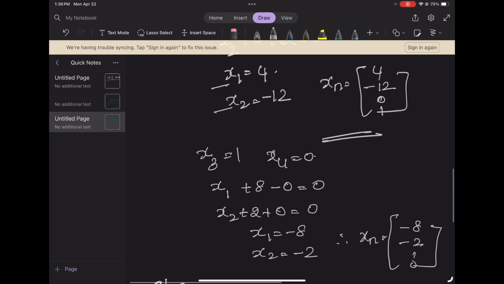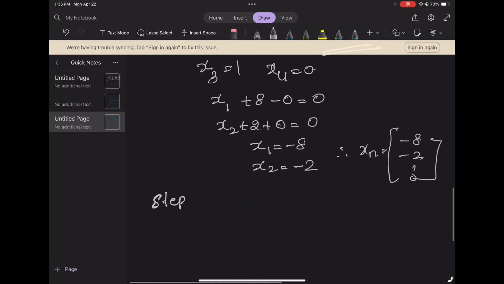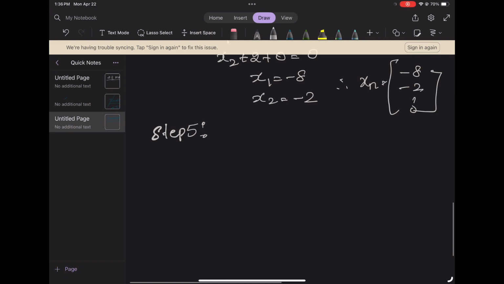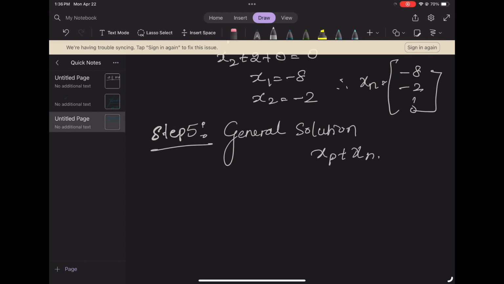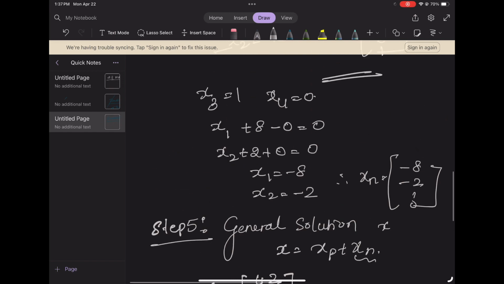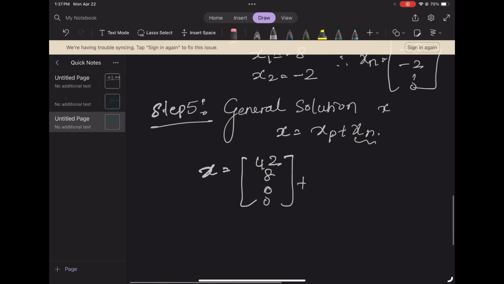Now the last step is step 5, which is our general solution. What is the general solution formula? It is nothing but the particular solution plus the all solution. I represent it as xp + xn, and always remember we represent the general solution as x. So xp is (42, 8, 0, 0) plus lambda times xn.